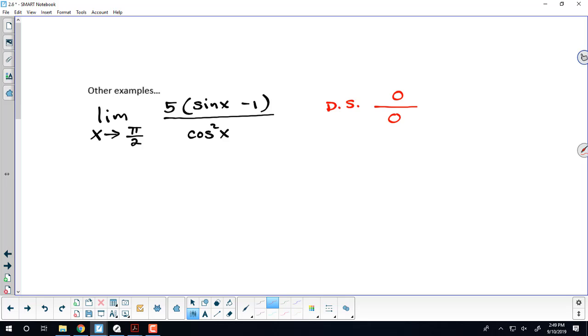Let's change the denominator, specifically. If we took cosine squared and used the Pythagorean identity to write it as 1 minus sine squared, does that help?